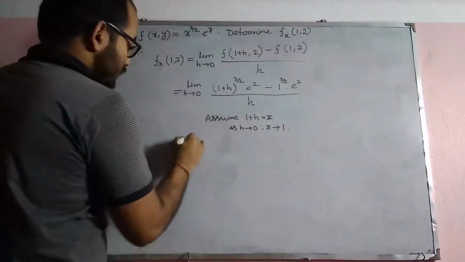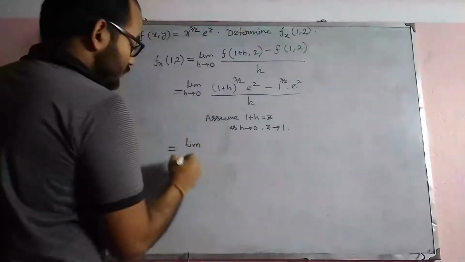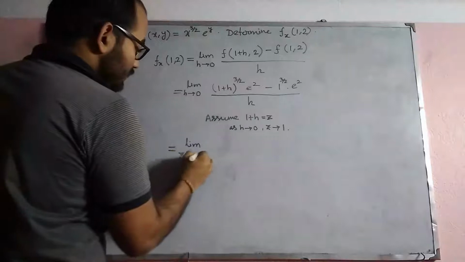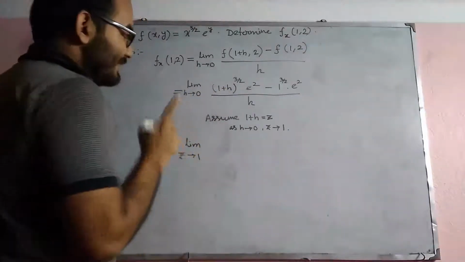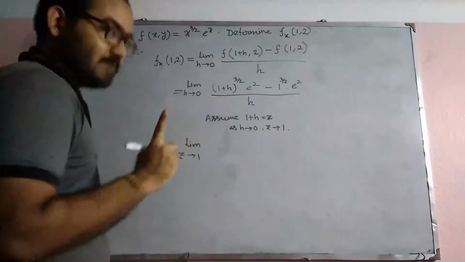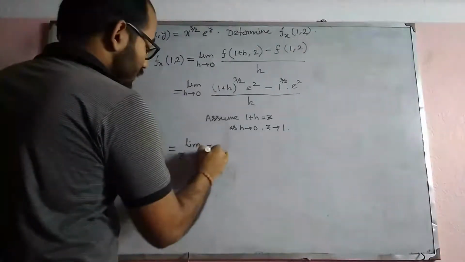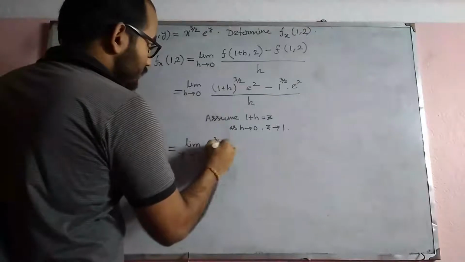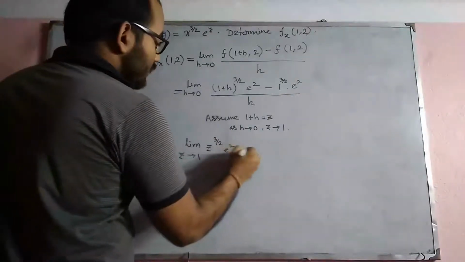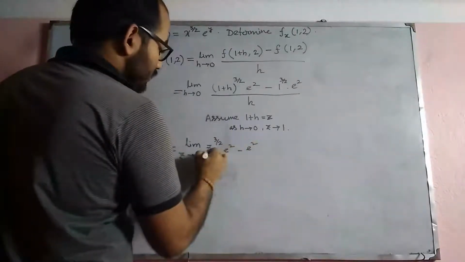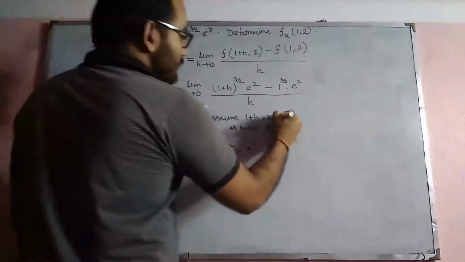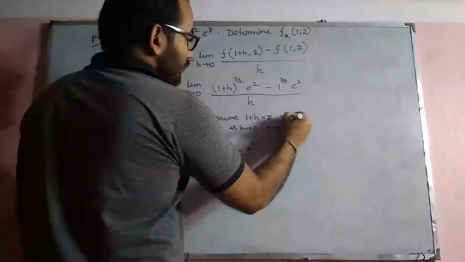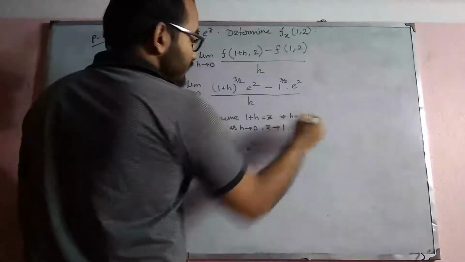So here we change the limit: z tends to 1, and we put z instead of 1 plus h. e square times z to the power 3 by 2, by, now what is h? h means z minus 1.